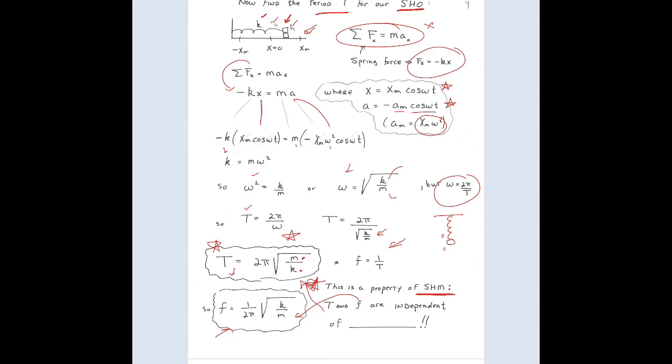So the period and frequency are independent of the amplitude. That's not obvious, but I'll show you a video that demonstrates it with a mass on a spring.